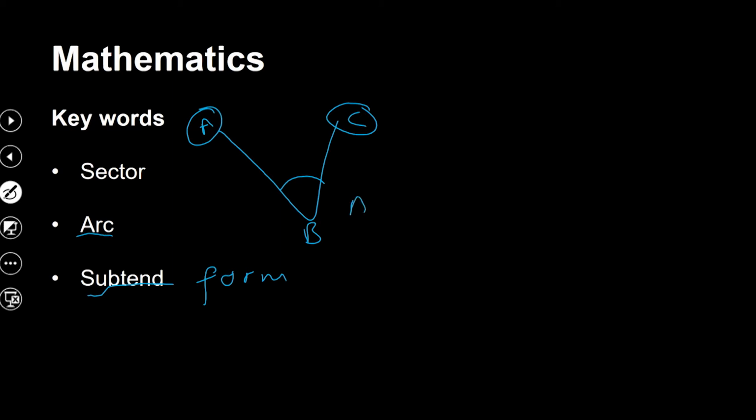If I say it's angle ABC like this, it means that this point and that point subtend this angle here. Or sometimes we write the angle like this with that sign there, which also means the same thing: that A and C subtend the angle. So please note that.